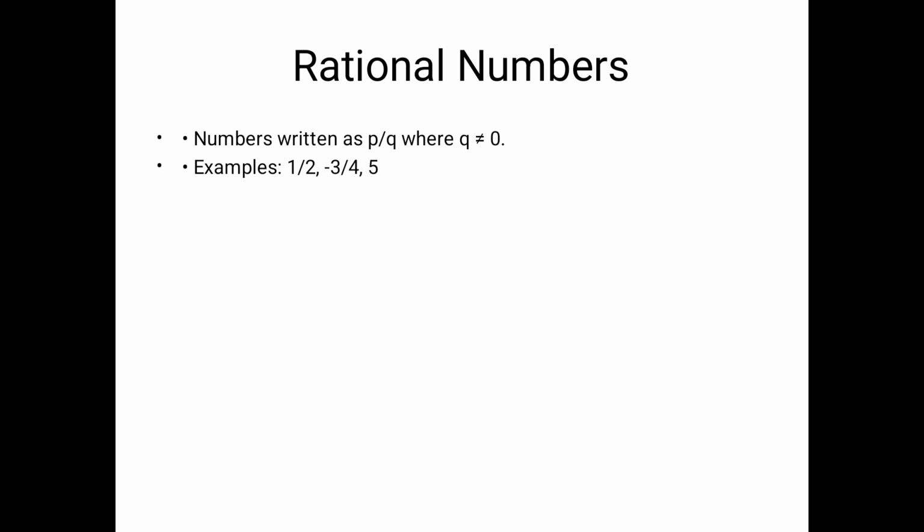Means if we write 0 in the denominator, it is not defined. p can be 0; if p becomes 0, that number is going to be equal to 0. So all those numbers which can be written in the form p by q are called rational numbers.